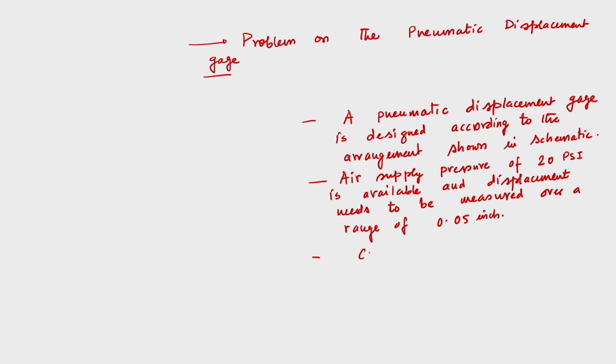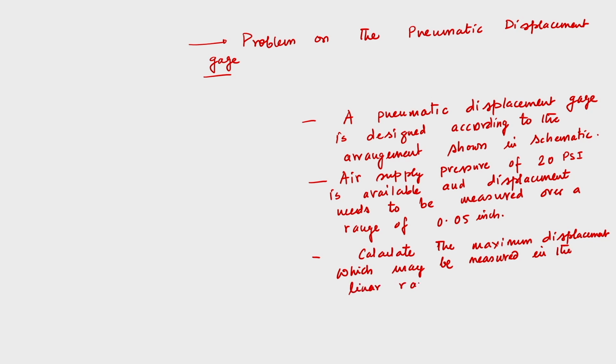Calculate, there are three parts I am writing: the maximum displacement which may be measured in the linear range of operation, and the outlet tube diameter.